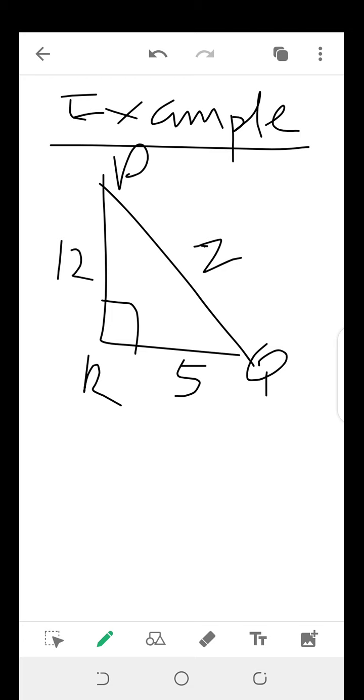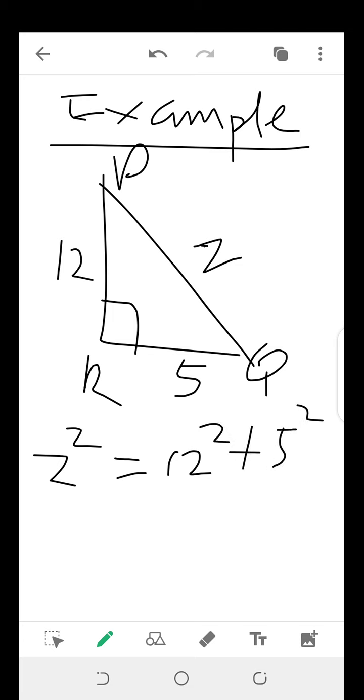So we can say that z square should be equal to 12 square plus 5 square, because we've established the fact that the square of the hypotenuse should be equal to the sum of the squares of the other sides.